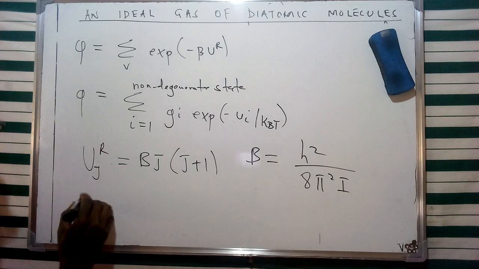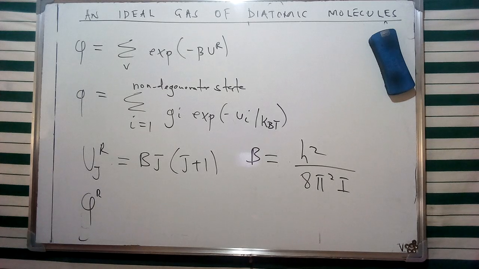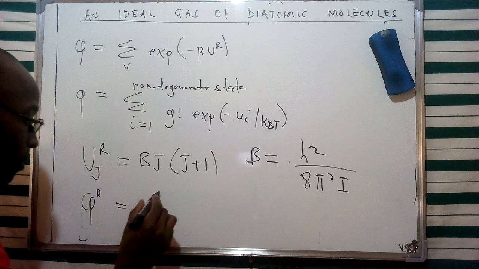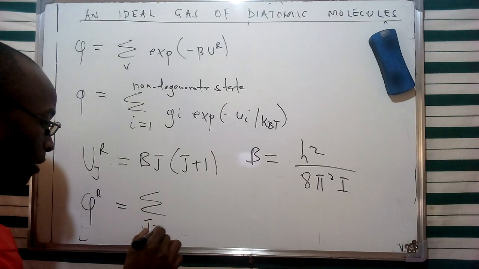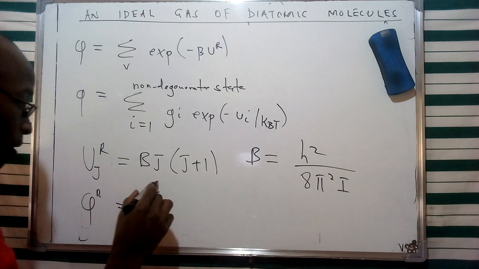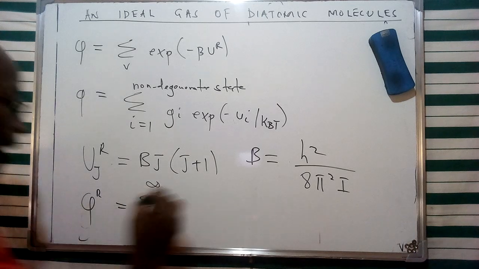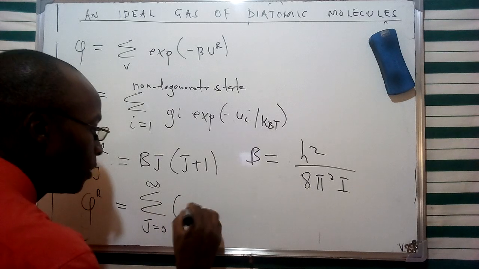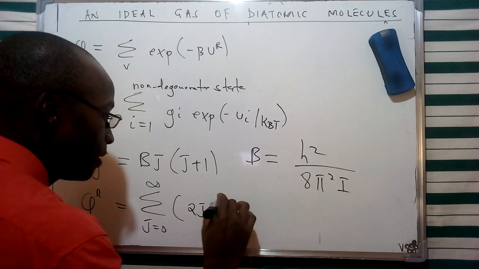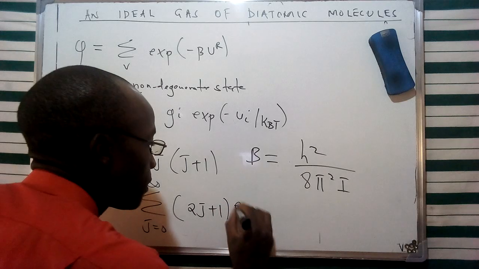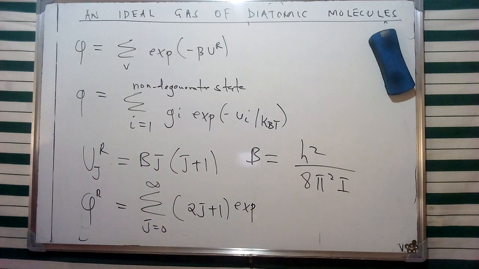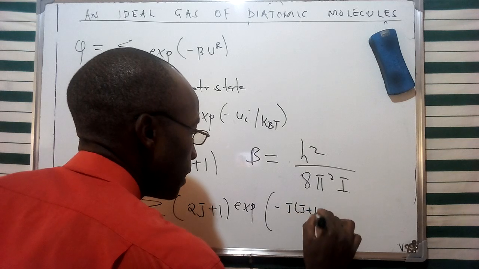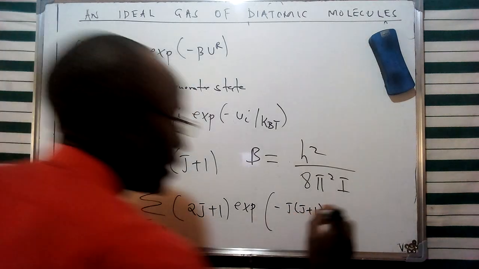Therefore, for a rotational representation of the partition function, we're going to do a substitution and obtain this in terms of the summation from J equal to 0 going to infinity, with a substitution for g, which is going to be 2J plus 1, and then the exponent of negative J(J plus 1) times h squared.